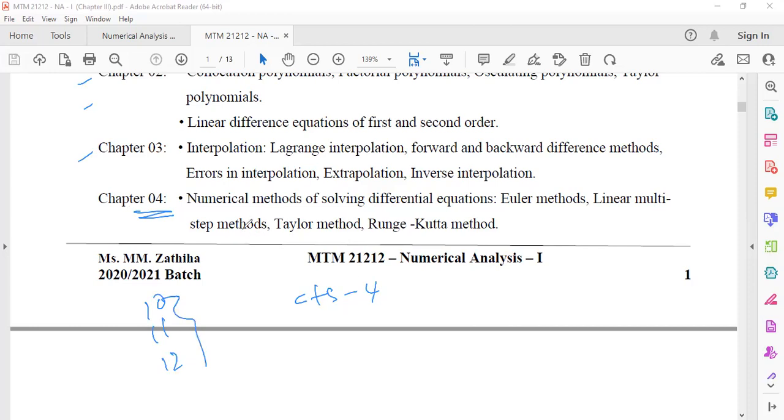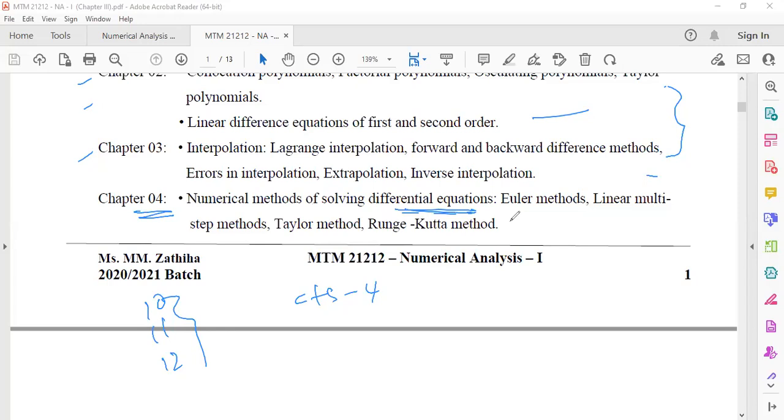So this is all about chapter number 4, numerical methods of solving differential equations. So far we have seen how to use numerical analysis to solve algebraic equations. Now we are trying to solve differential equations.